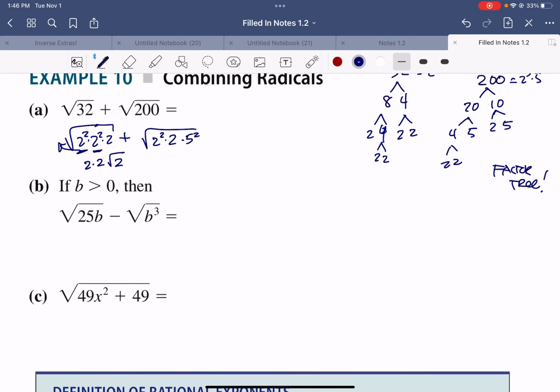And we have a square root of 2 left under the radical. And then here, square root of 2 squared is just 2. Square root of 5 squared is just 5. And that 2 is left under the radical. So what you really have is 4 root 2 plus 10 root 2. So if you have 4 of something plus 10 of something, I guess that means you have a total of 14 of something.